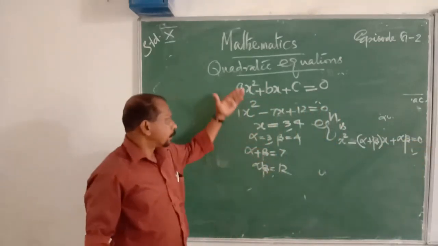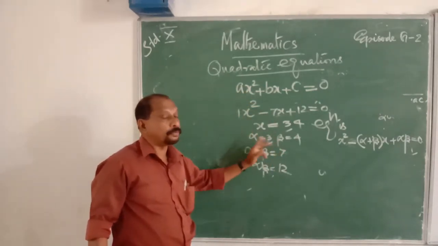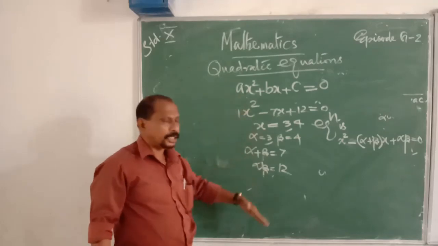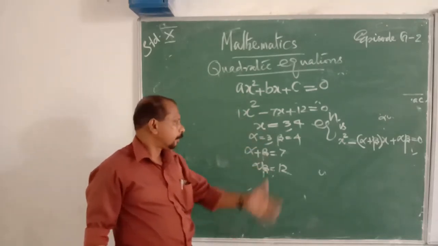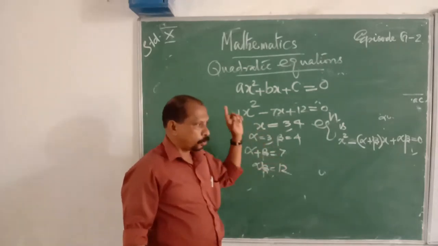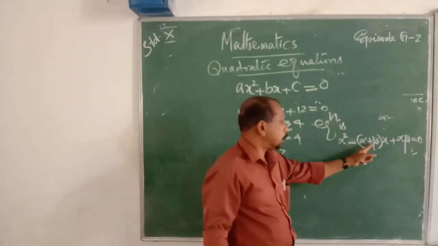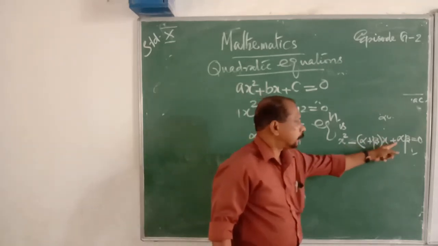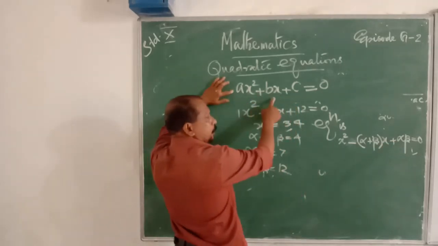That means if the quadratic equation is given, we can find out the roots, they are alpha and beta. Then we can find out the sum and product of the roots. Similarly, if the sum and the product of the roots are given, the quadratic equation is x square minus (alpha plus beta) into x plus alpha beta equals 0. Therefore, this is the quadratic equation.